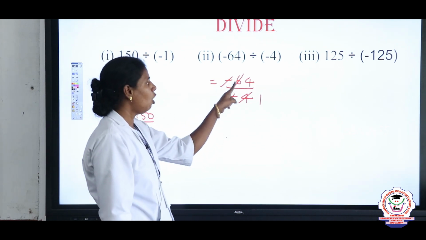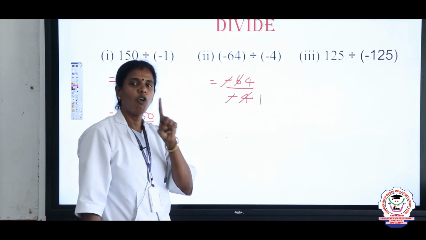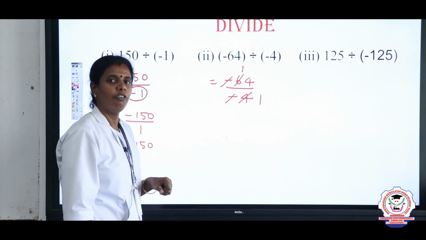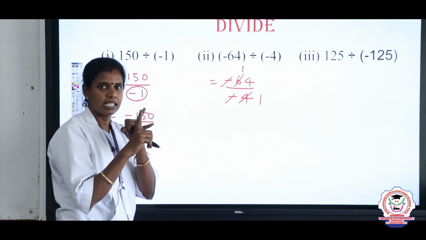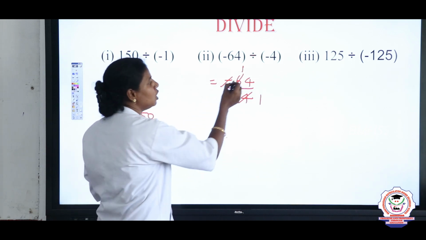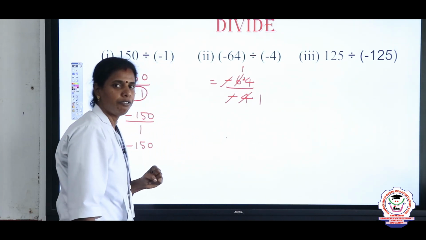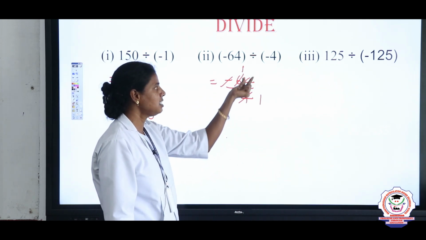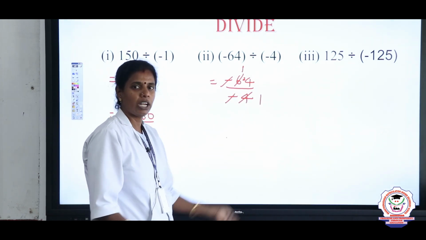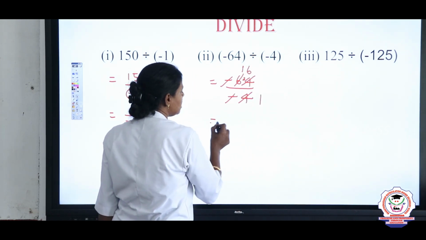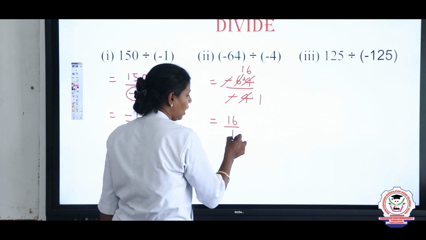In the 4 table how many times can we cancel? 4 ones are 4, 1 time. 4 after 5, 6. So the remaining is 2. If you take 2, the number is 24. Now it will be easy for us. How many times in 24 in the 4 table? 4 6s are 24. So the answer is 16 by 1.